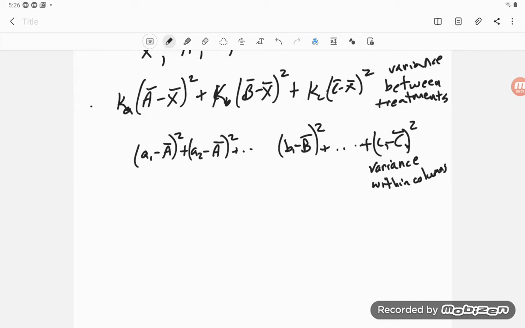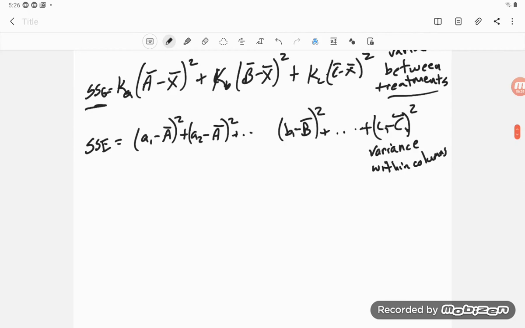They call this the sum of squares groups, and this the sum of squares error. I agree with the sum of squares error, but typically you call this one sum of squares treatments because it's between treatments, but you could also say between groups.